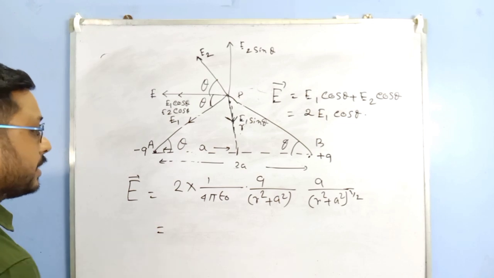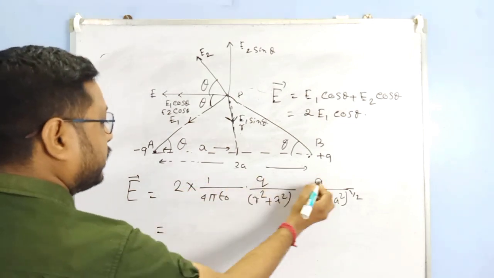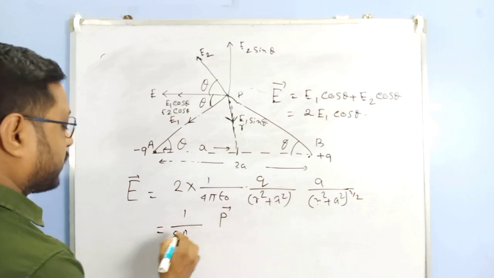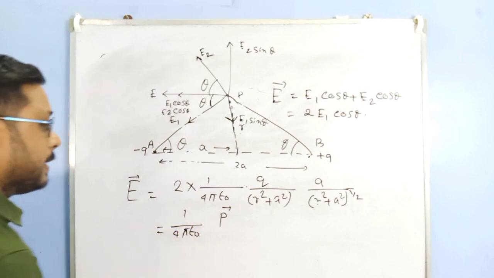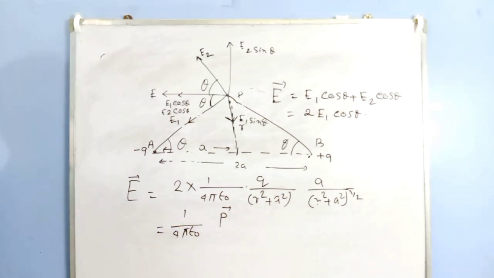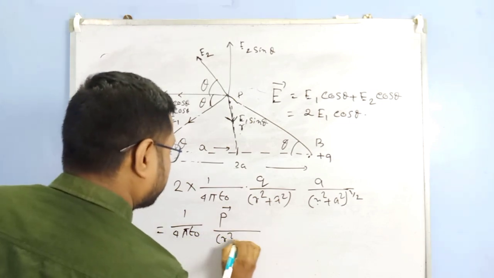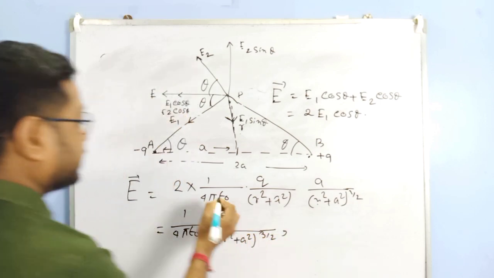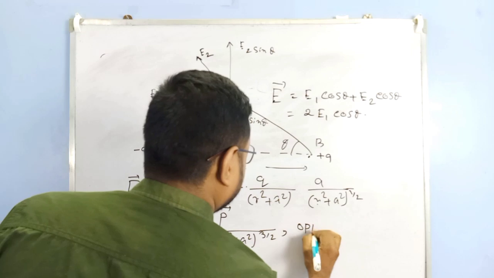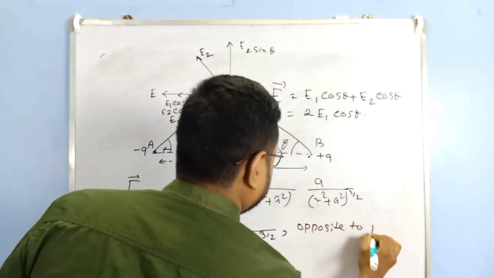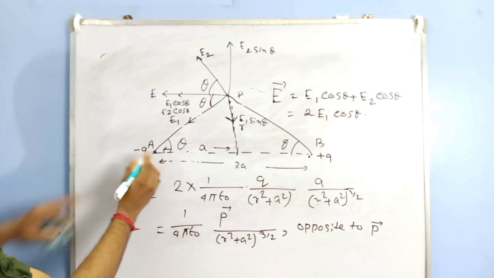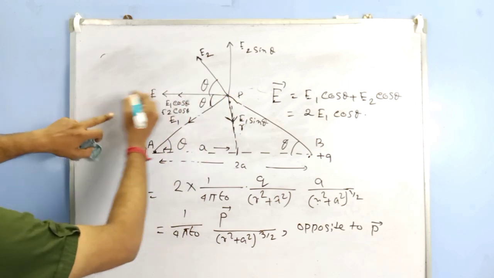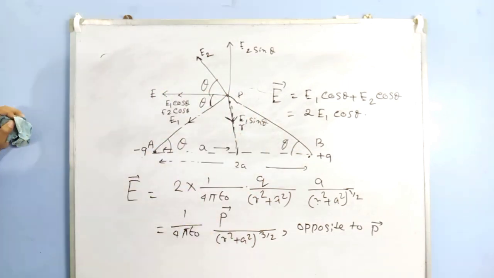So we can get 2QA, 2 into Q into A is P, 1 by 4 pi epsilon naught P divided by R square plus A square to the power 1 plus half, that is 3 by 2, and the direction is opposite to P, opposite to the original dipole moment P, as the original dipole moment is from negative to positive charge and the resultant direction is from P to E, that is opposite to the original dipole moment.